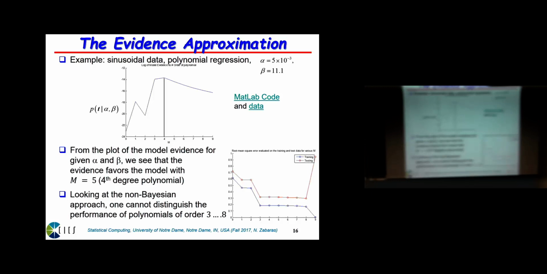But notice that this standard way of computing the complexity of the model is not very definite on the proper order, because both the training and the test error usually don't change much for a huge range of polynomial orders, from like order 3 to order 8. So I suppose the best thing to do is take 3 and stop there, okay? But with the evidence, you get one value. The evidence is maximized at m equal to 4, done. Nobody will question it.